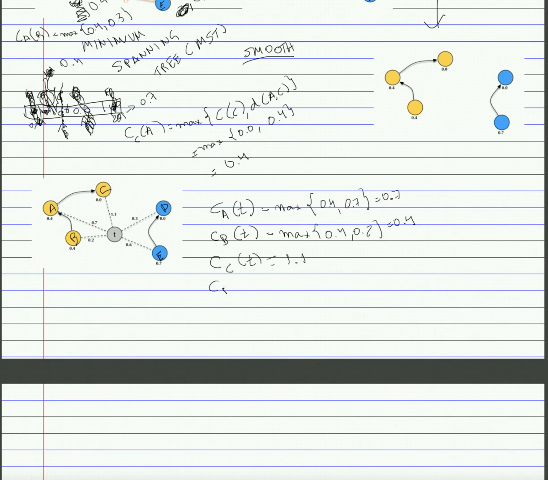The cost that sample D is going to offer to T is the maximum value between 0, because D is a prototype, remember, and 0.3. It's going to be 0.3. And the cost that sample E is going to offer to T is the maximum value between 0.7 and 0.6. That's going to be 0.7. So we just computed the cost that every single training node is going to offer to sample T.